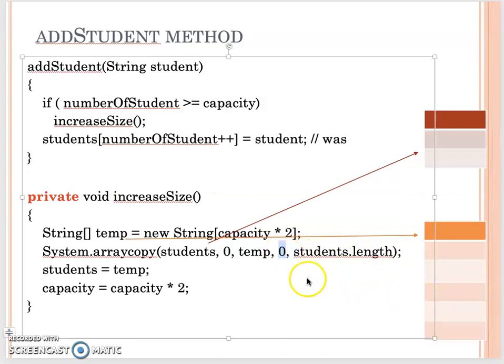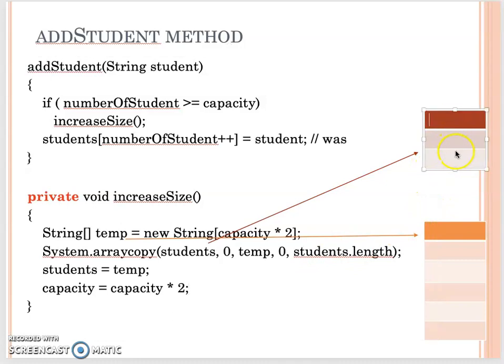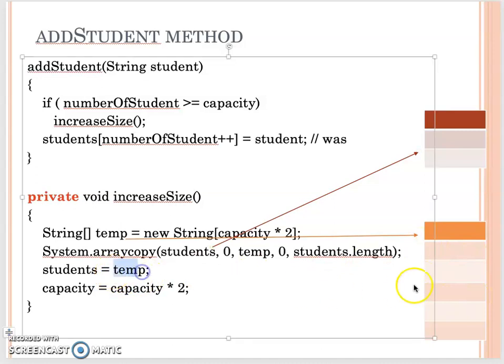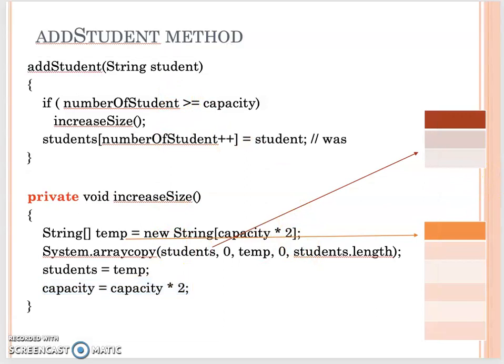Then you see how many you need to copy, so that's how many elements I copy over. The important thing is that the older information is copied over. After we copy over, we reassign this temp to the student. Then don't forget our capacity: we need to enlarge it, we need to double that. So that's how we will modify the new add student.